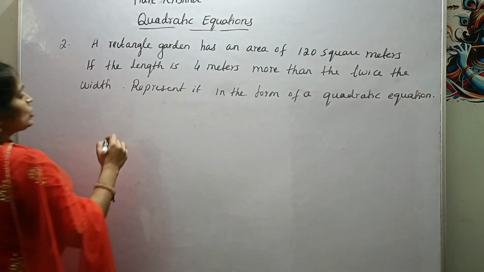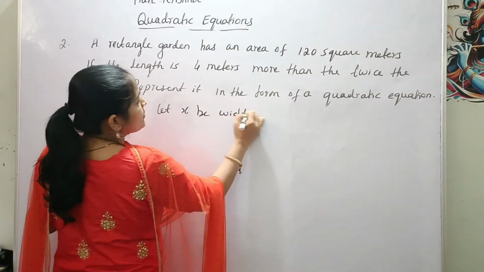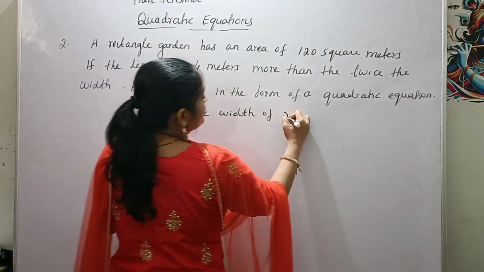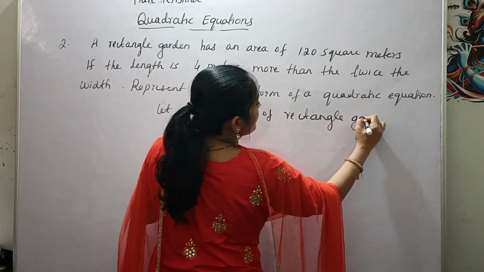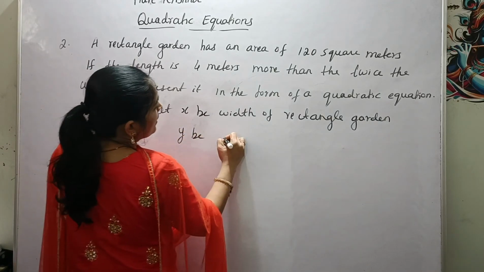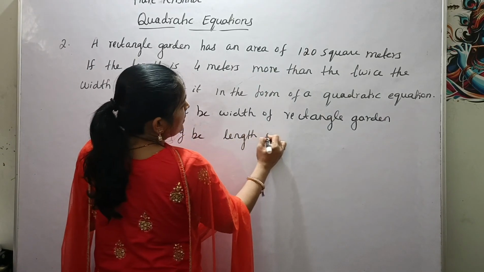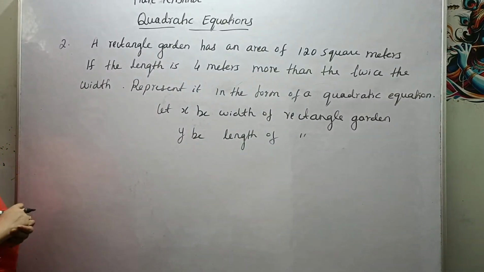Now, first of all, let x be the width of the rectangle garden. And let y be the length of the rectangular garden.